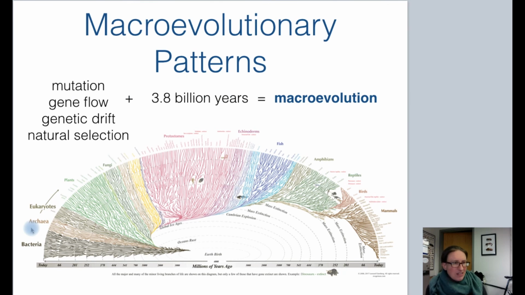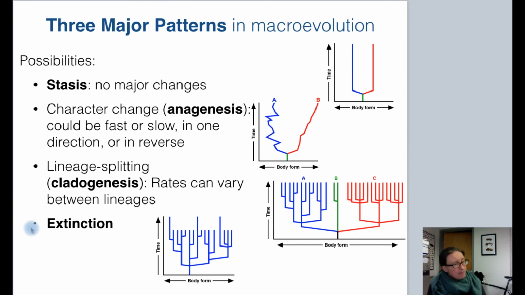Here, we're looking at the product of mutation, gene flow, genetic drift, and natural selection over 3.8 billion years, and seeing what's resulted and what kinds of patterns we can pull out.